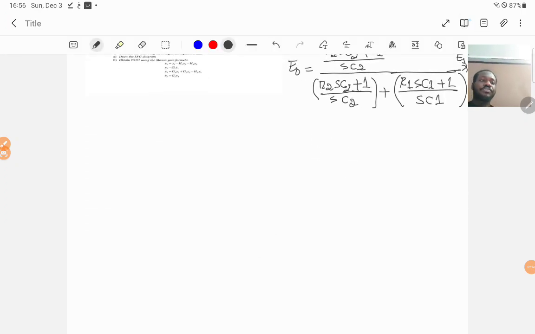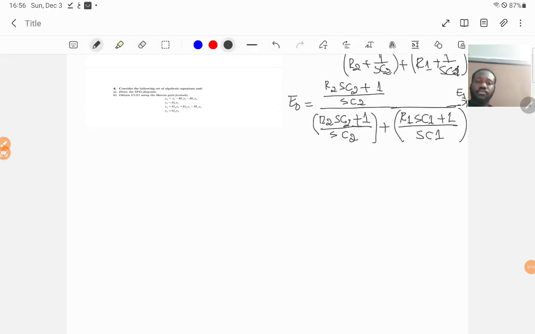Let's move. Here we have E0 is equal to R2 SC2 plus 1 over SC2. We will make them in the same denominator.